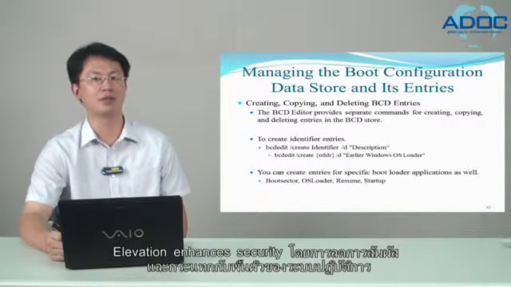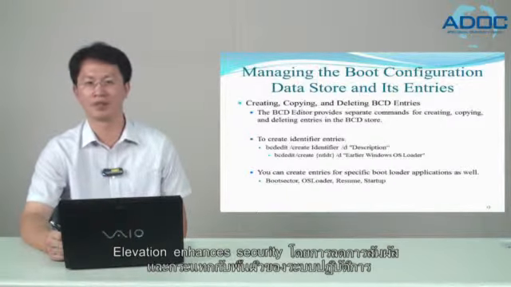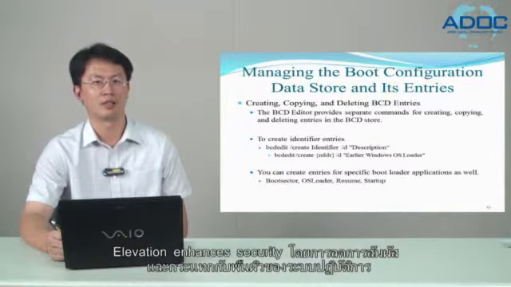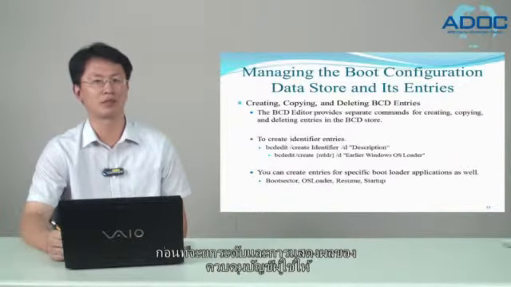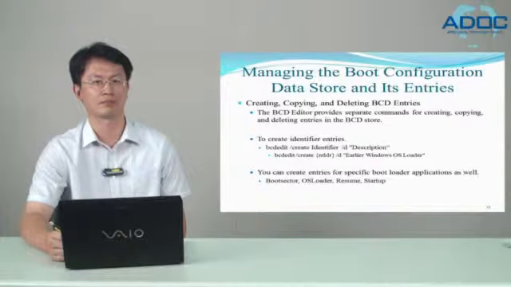Elevation enhances security by reducing the exposed attack surface of the operating system. Prior to elevation and display of the User Account Control prompt, Windows Server 2008 performs several background tasks.